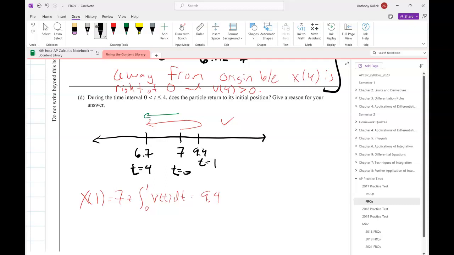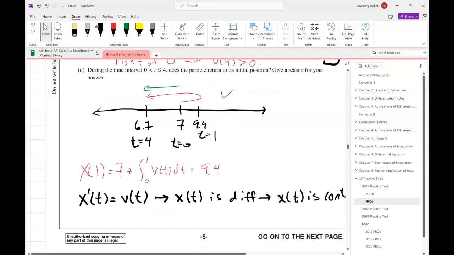So what theorem can I use to show that along the way I have to cross 7 again? Okay, so how do you know it's continuous? Okay, so I know that since x prime of t is equal to v of t, that implies x of t is differentiable, and that implies x of t is continuous.